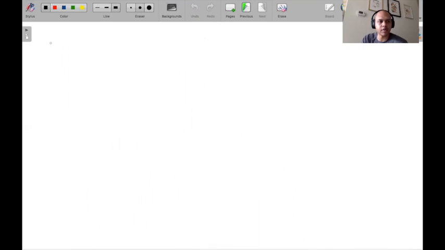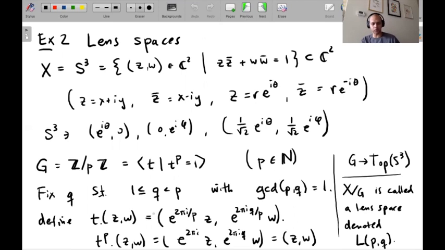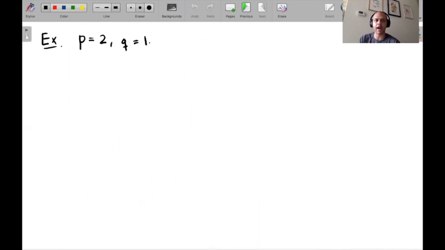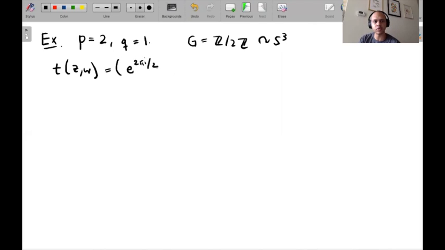Let's think about some specific cases. In particular, let's look at p is 2 and q is 1. If p is 2, q is 1 is the only option. So we're looking at an action of G equals Z mod 2Z on S3. And how does the generator act? It acts by multiplication by e^{2 pi i / 2} on both coordinates, because q is 1.